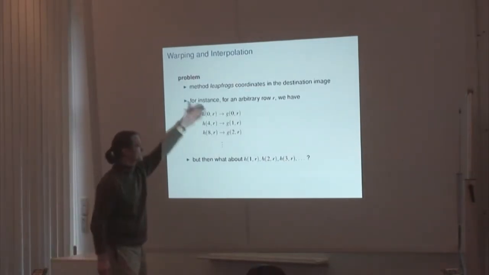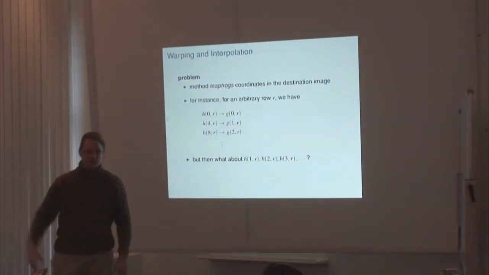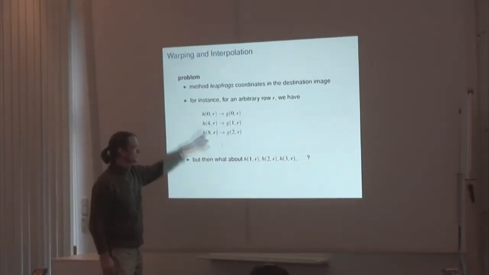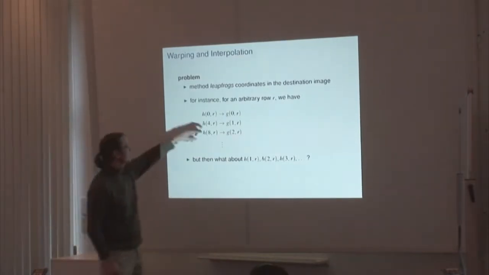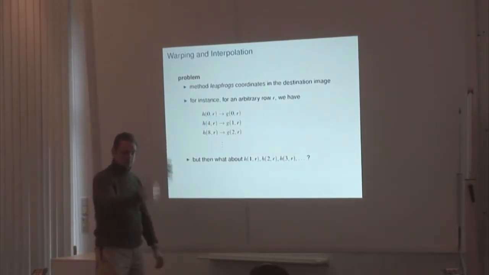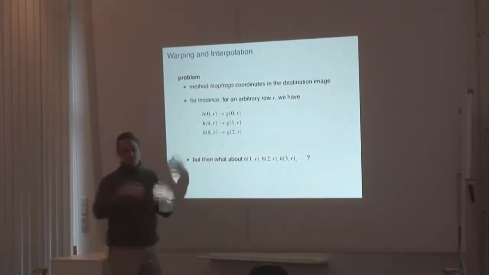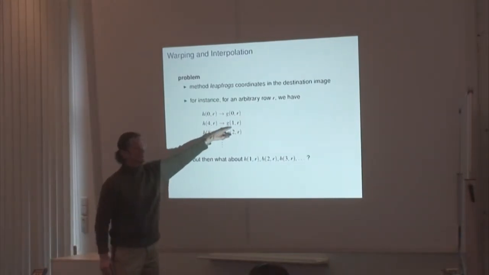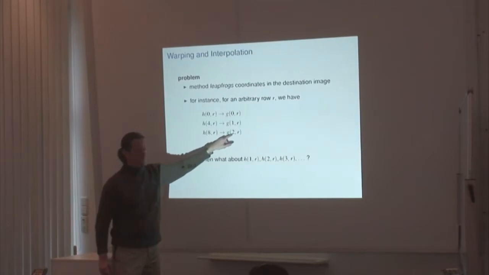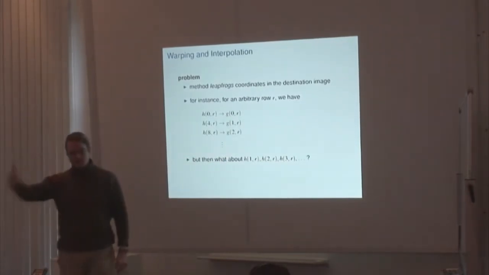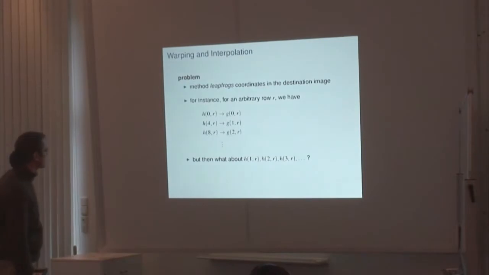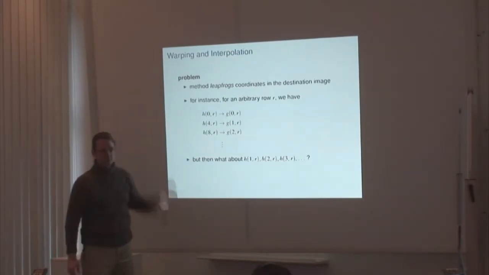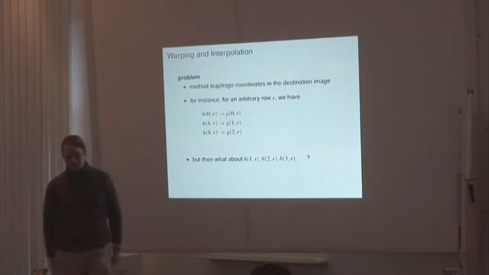For instance, given this scaling along the x direction, for some row, the 0 coordinate will be mapped to the 0 coordinate. If we multiply 0 by 4, nothing happens. The fourth one will come from the first coordinate in G, and the eighth one from the second coordinate in G. This is exactly what scaling by 4 does. But then what about those guys? They're not there. Oh, that's bad.